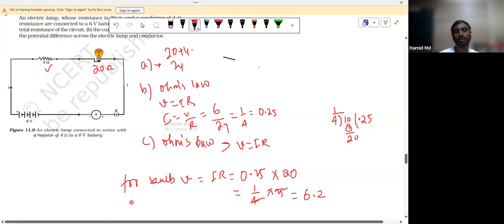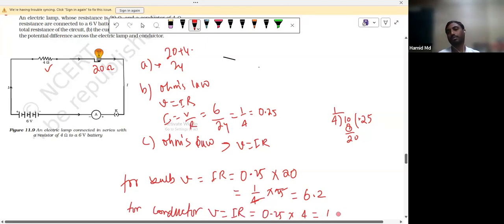And for the conductor, we will use I times R. So I is again 0.25 and R is 4. So this will be 1 volt.